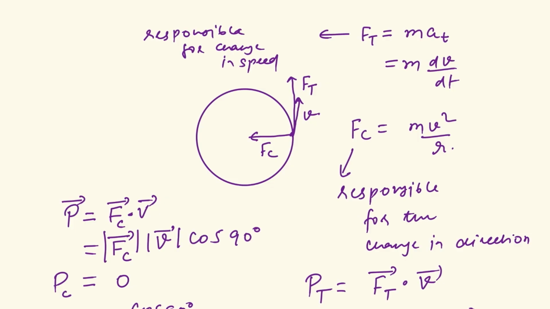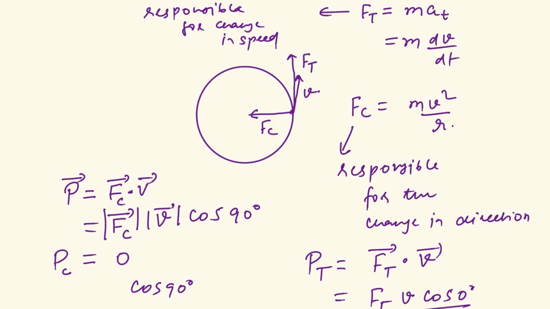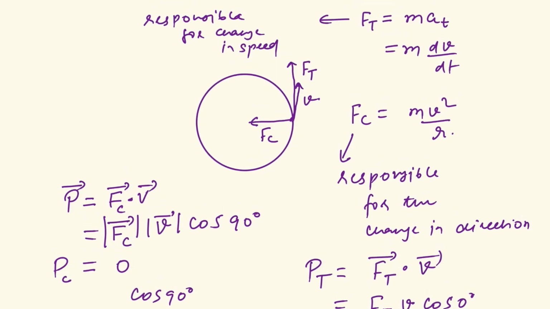So we can write power as Ft v cos 0 degrees, and cos 0 is 1, so P equals Ft v. Ft is nothing but m times dv upon dt. So we have to calculate v. Once we get v, we can differentiate it and put it here to get the final result.